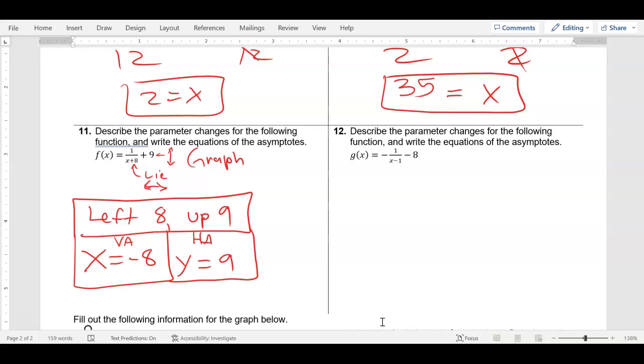Same thing over here. Now, right here, this is going to tell you that it reflects over the x-axis. Remember, that's a lie. So it goes right 1, and then over here, that's down 8.